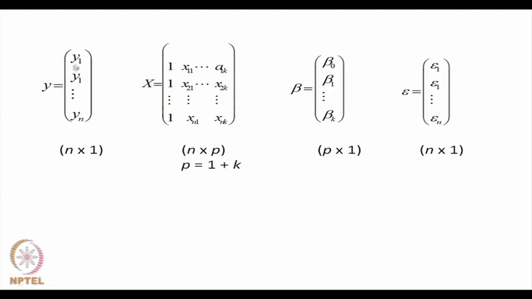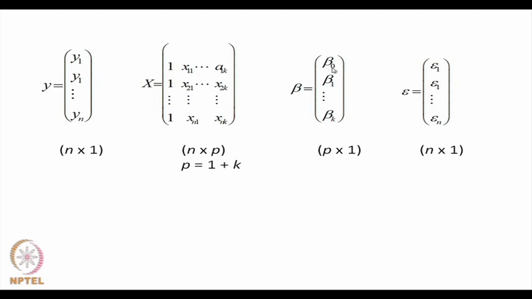Y is the column vector of the dependent variables, beta is the column vector for all the regression parameters. As you know, there are k number of variables and therefore, the associated number of parameters is k in number, but there is an intercept beta 0.